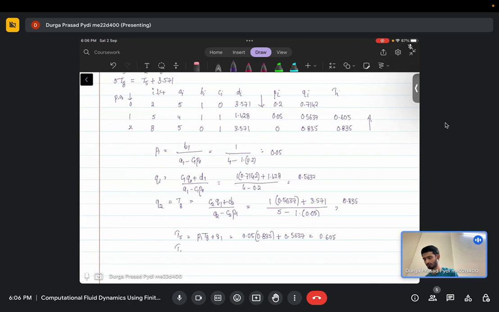Similarly T2 will be P0 times T5 plus Q0.